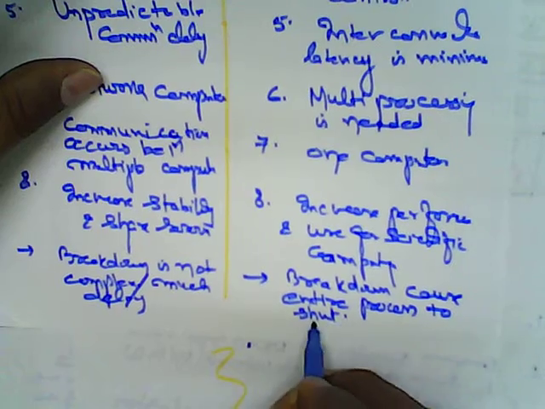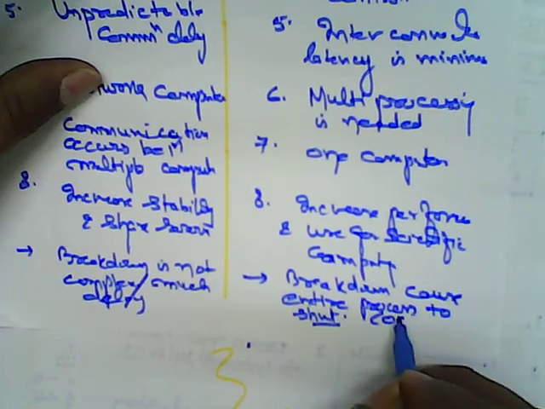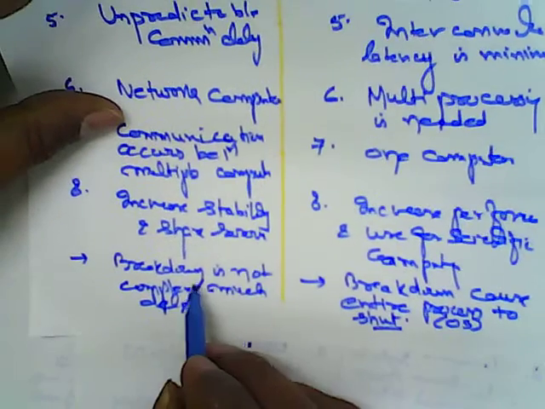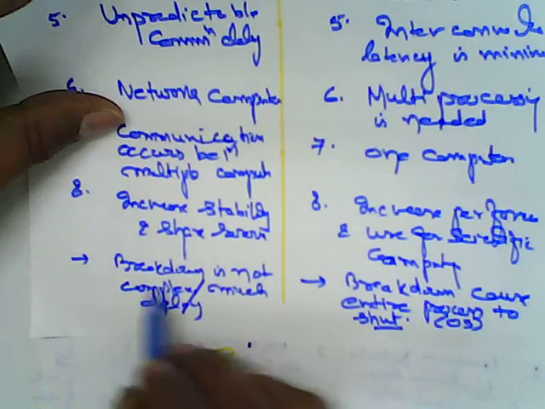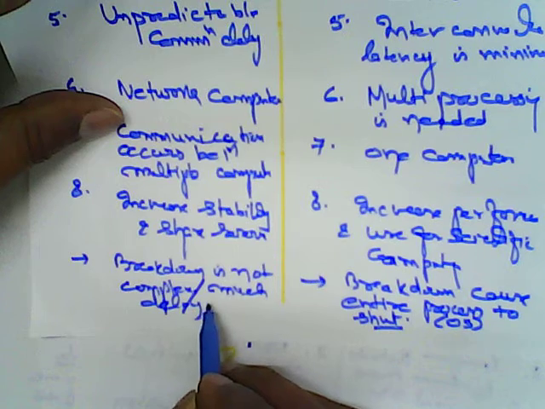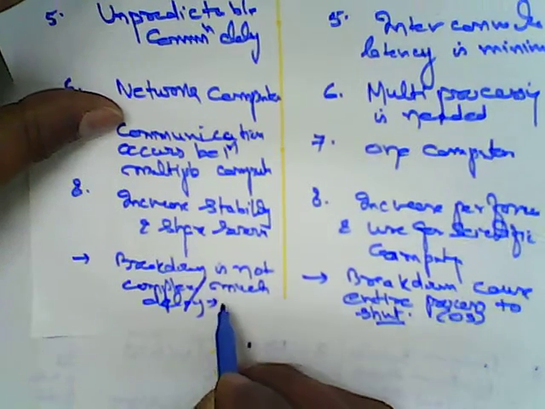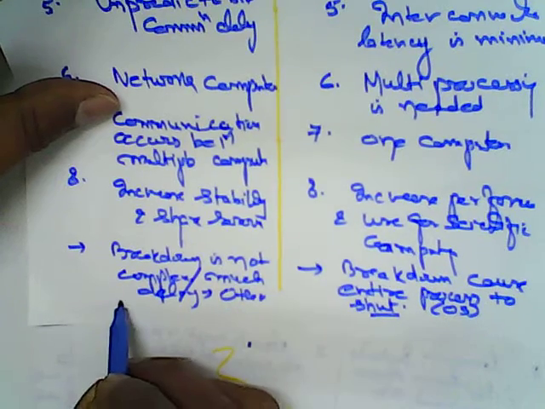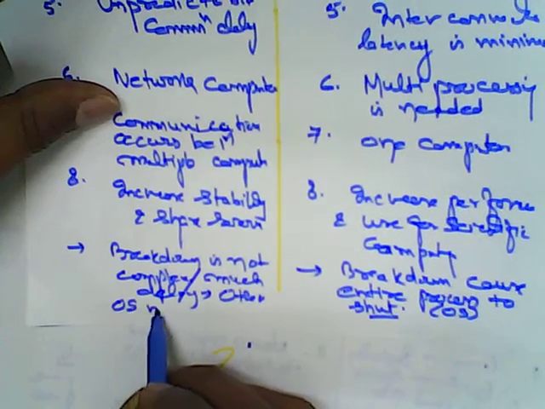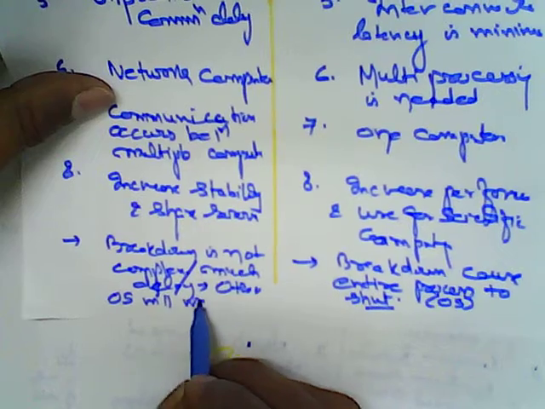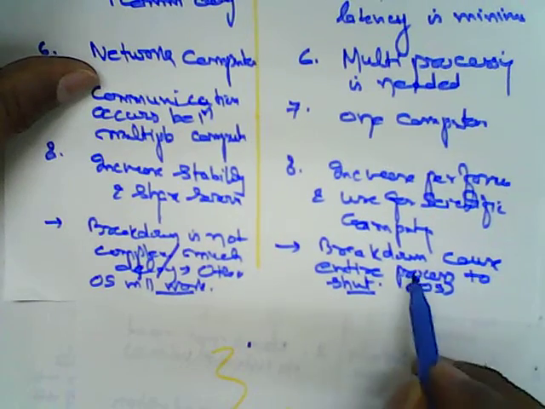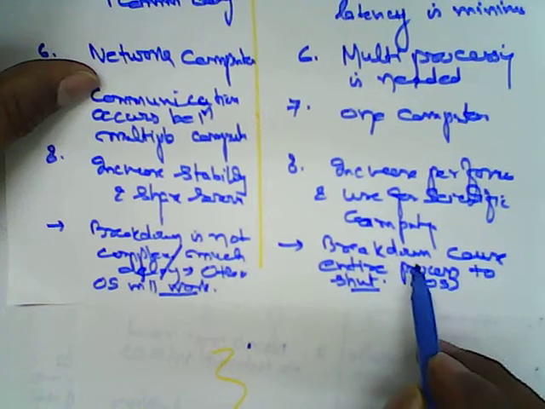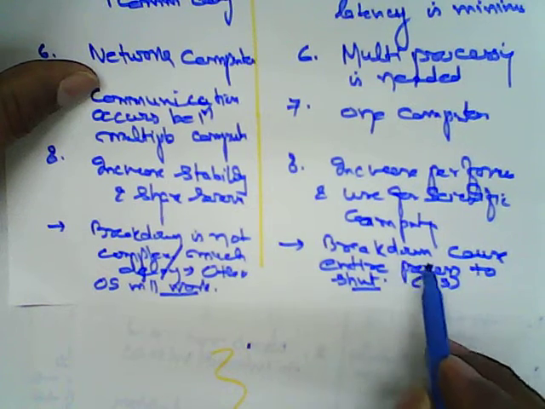Whereas in the distributed case, breakdown is not complex and will not cause much delay, and the other operating systems will work. If one operating system breaks down, the others will work, but if the CPU fails in a single-CPU system, the whole thing will collapse.